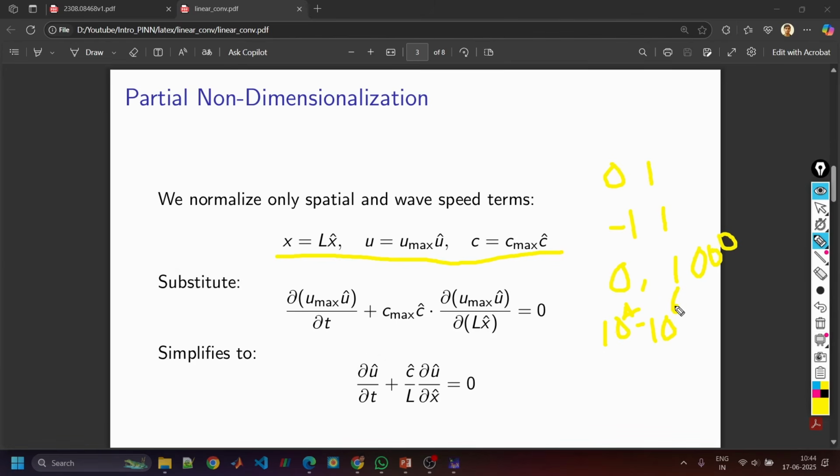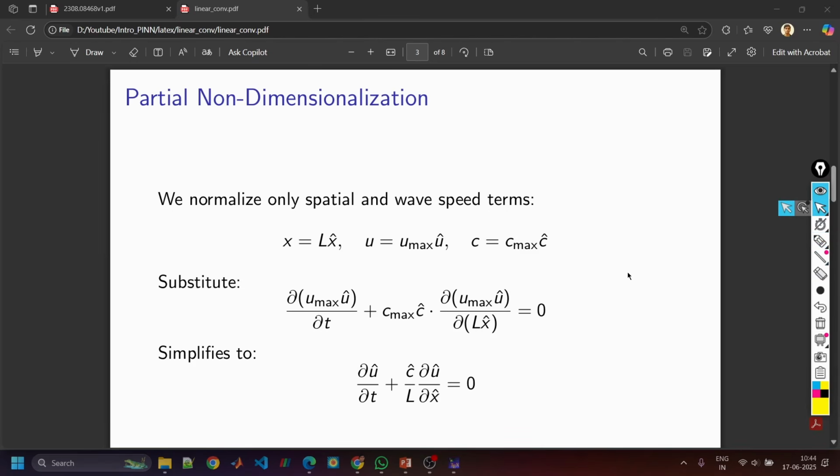It's always good practice to non-dimensionalize the equation. The objective of non-dimensionalization in a physics informed neural network is to scale the variables between 0 to 1 or minus 1 to 1, because the optimization algorithm works well if we have the variables between 0 to 1.